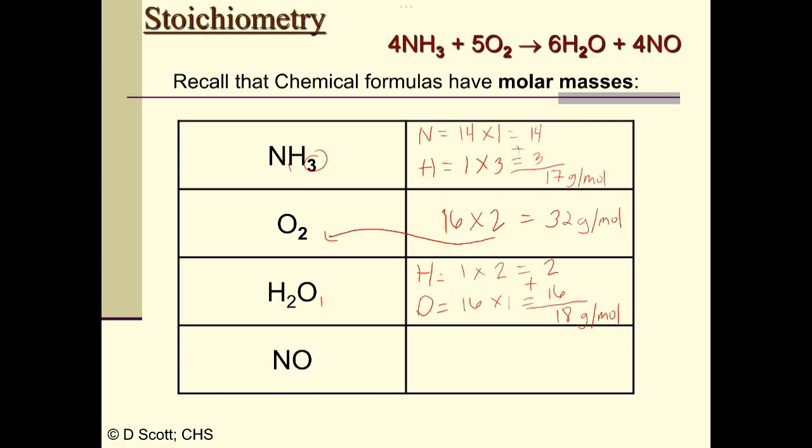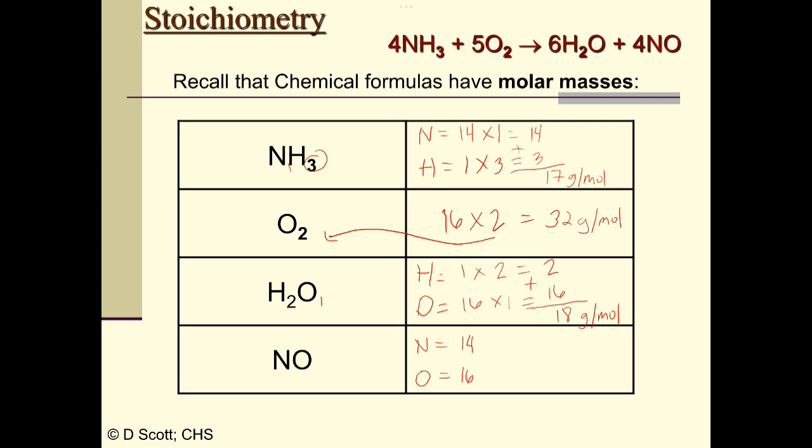Next, for nitrogen oxide, the atomic mass unit of nitrogen is 14, and for oxygen, the atomic mass unit is 16. Again, we're going to multiply based on the number of atoms of each element.